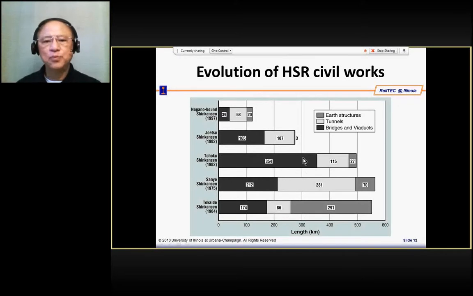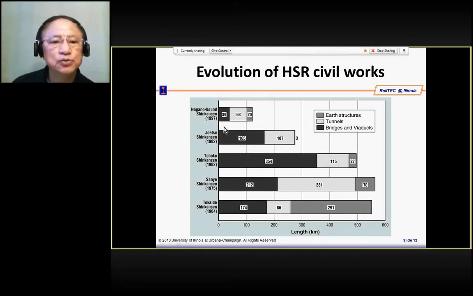Actually, most of this high-speed line is built on viaduct. The viaduct is almost 20 times more than the earth structure. The third one, the Joetsu Shinkansen, almost has no earth structure. It's basically two types, viaduct and tunnel.